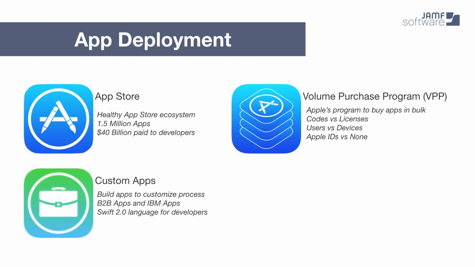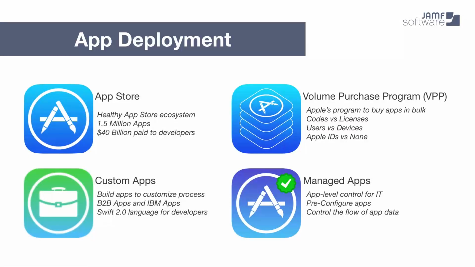And Apple now even allows you to either deploy them to a user's Apple ID, or directly to a device. So that means your Apple ID strategy can either be having Apple IDs or not at all. There's a lot to the Volume Purchase Program. I'm not going to dive too deep into it, and if you're really interested in the details of VPP, reach out to us or check out some of our other webinars.